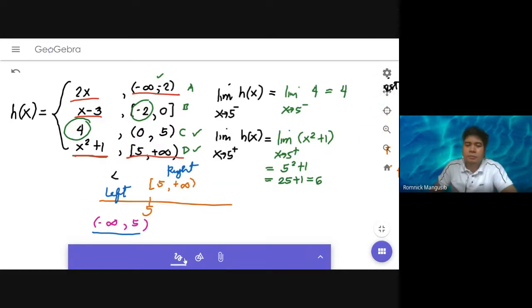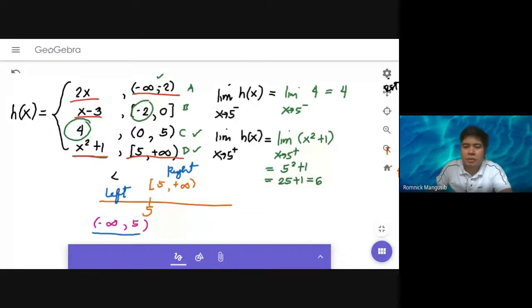Okay. Can you follow the entire solution on left and right? The first thing you need to do is to observe as to what function does a number left of 5, very close to 5, but it's found on the left, o ito yung number na pinakamalapit sa 5 pero mas maliit sa 5.